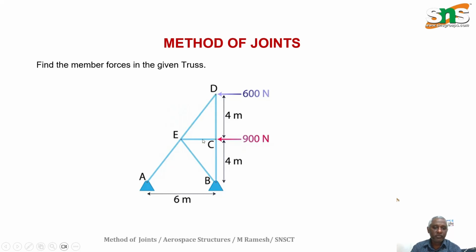Totally 6 members are available. Then what is the number of joints? 1, 2, 3, 4, 5. So totally 5 joints are available. So 2j minus 3 is equal to 7. And what is the number of members? 1, 2, 3, 4, 5, 6.